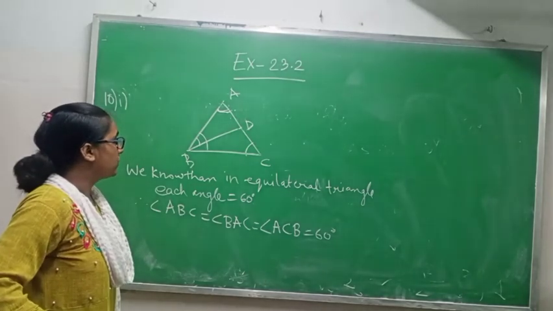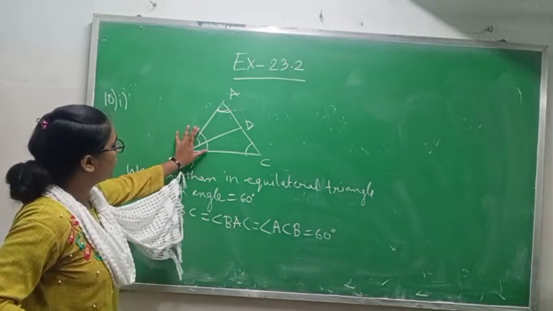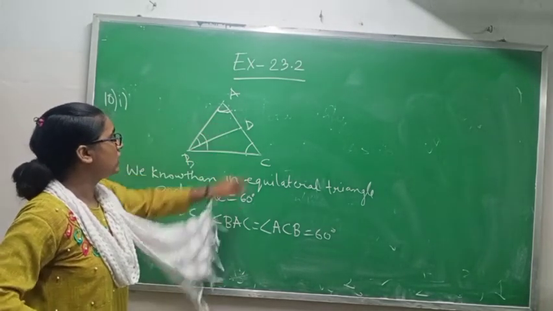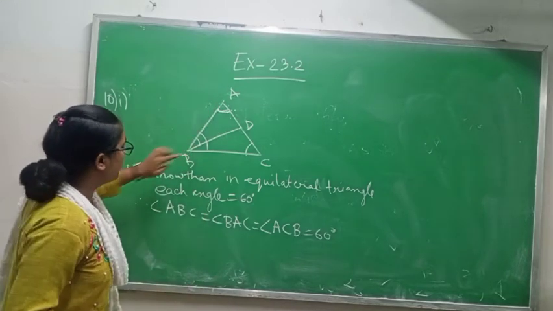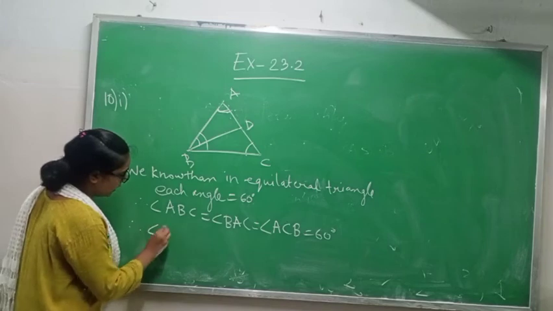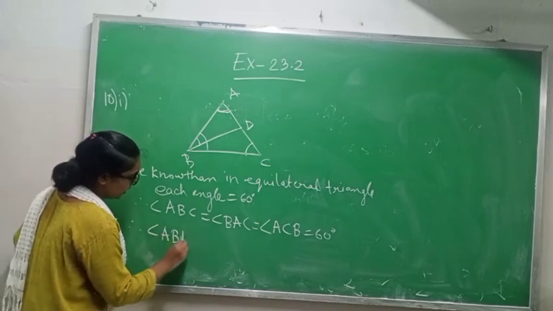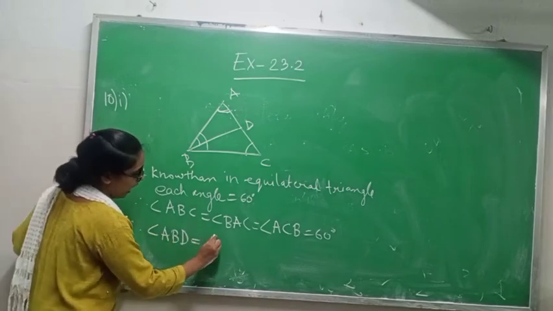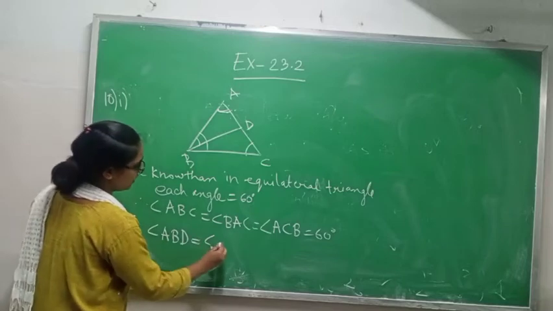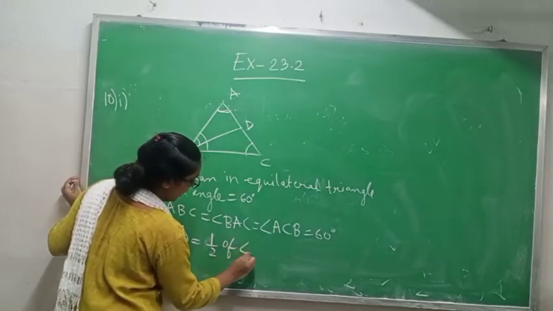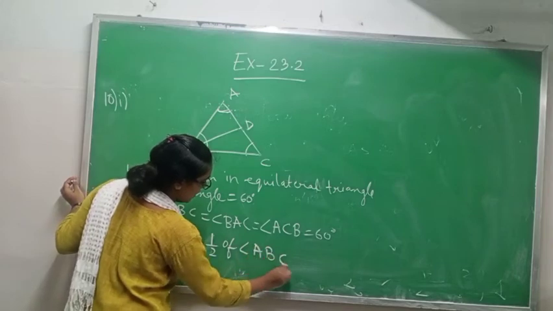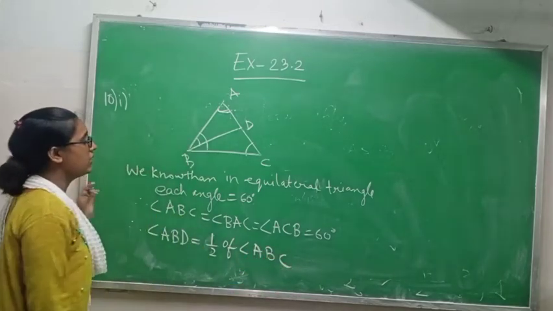Now, if this is 60 degrees, this is 60 degrees, this is 60 degrees, what will be the angle ABD? Therefore, angle ABD equals half of angle ABC. Why half of angle ABC?